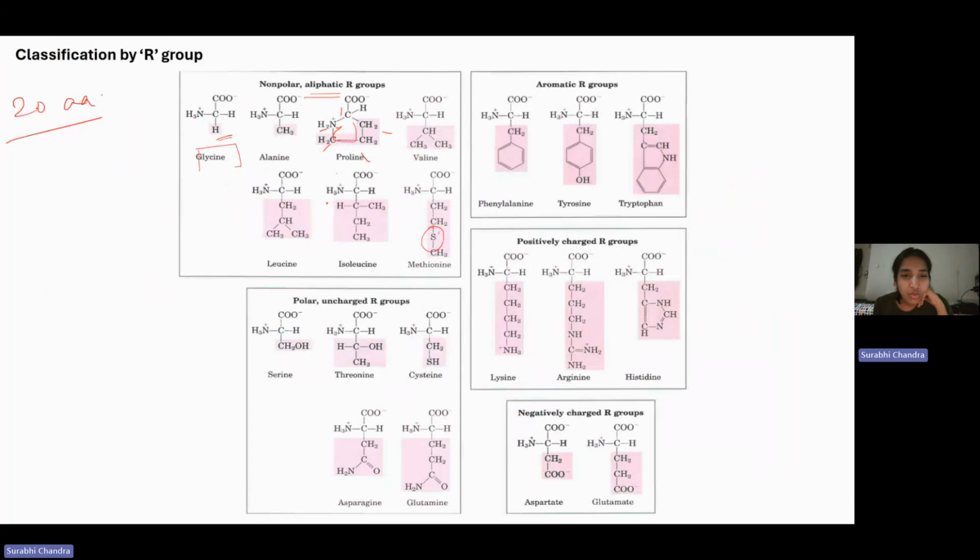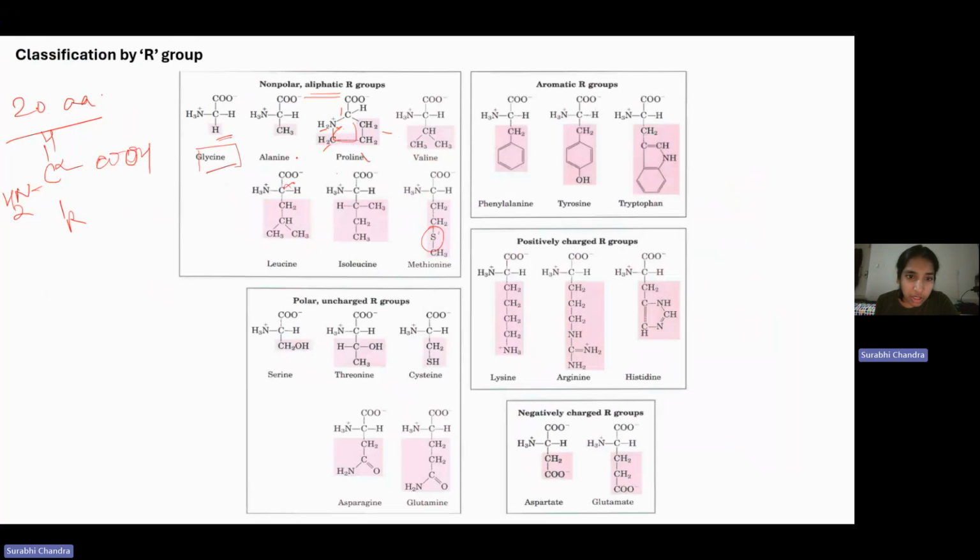One thing to note here is that except glycine, all the other amino acids have a chiral carbon. See, this is the general structure, and this is the acidic group. This carbon is denoted as the alpha carbon.